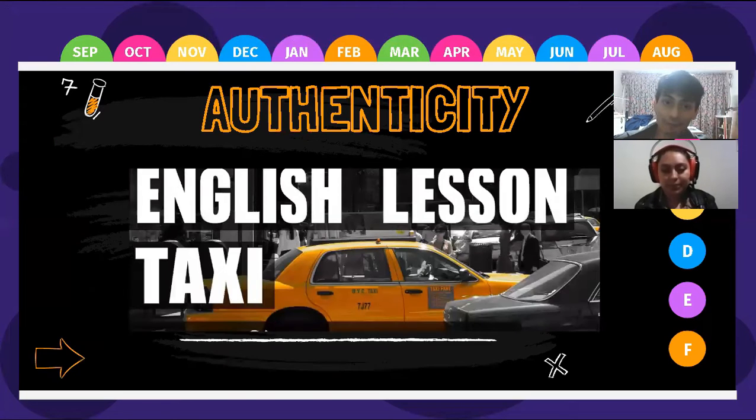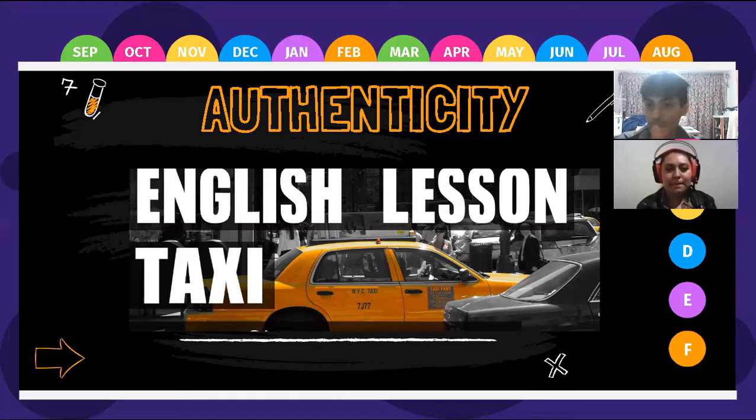Okay, and finally, the authenticity. The authenticity is mainly guided to activities in context, real world activities. If you, as a teacher, try to use real context topics to teach English, for instance, let's make another example with present simple.